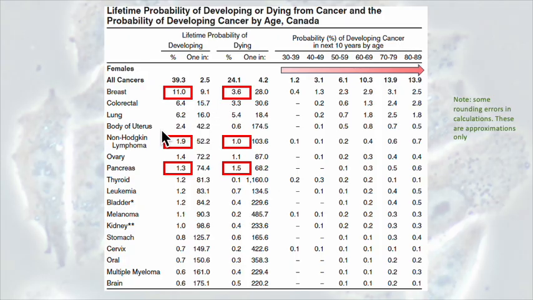Another one here, we also see non-Hodgkin lymphoma, very similar between males and females, and also highlighting that pancreatic cancer statistic here, right, where the percent of developing and the percent of dying are showcasing how difficult pancreatic cancer is to treat once someone is diagnosed with it.